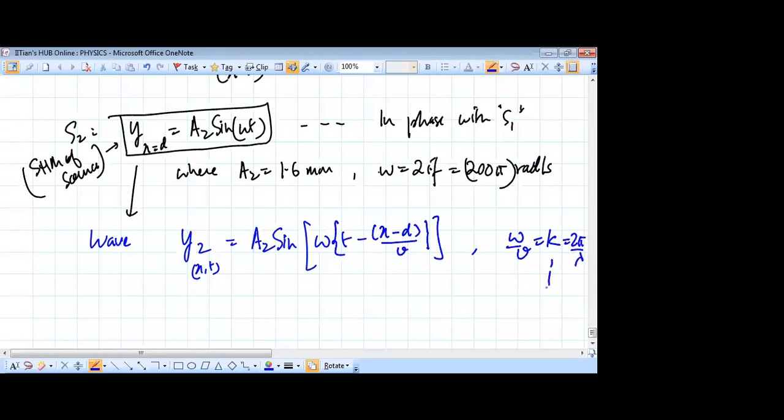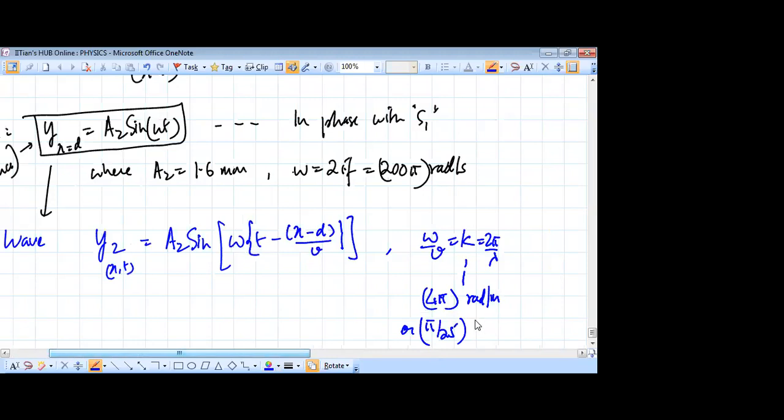That becomes 4 pi if you are expressing in radians per meter, or pi by 25 if you are expressing in radians per centimeter. That's completely up to us how we want to express it. So the wave equation y2, if I write it a bit more systematically, becomes a2 sin omega t minus k into (x minus d).